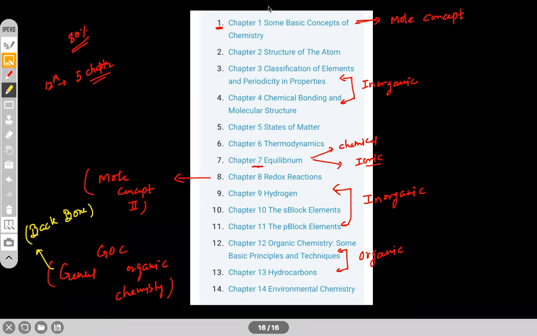I can understand a few of you are going to write KVPY also this year in November, I guess, right? How many of you are planning for KVPY this year?